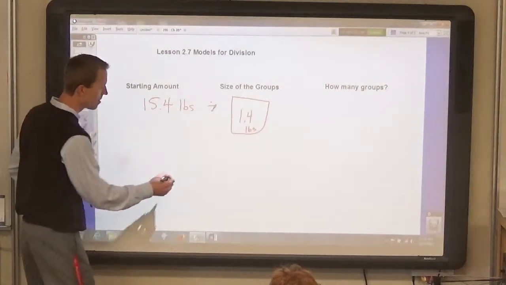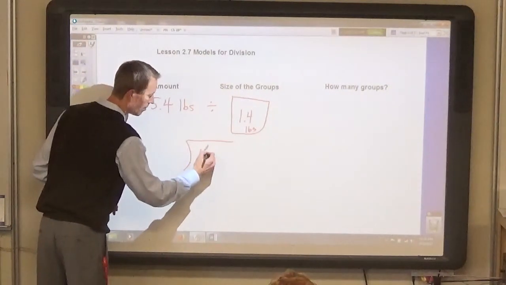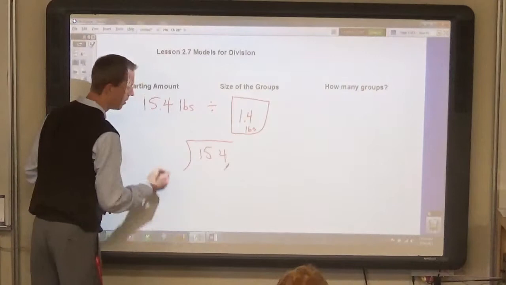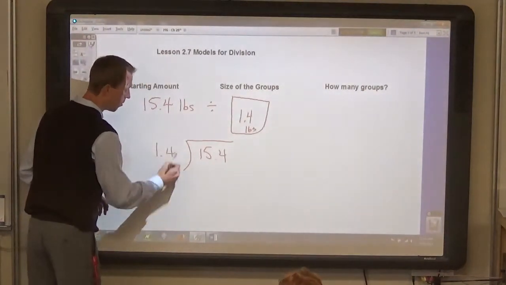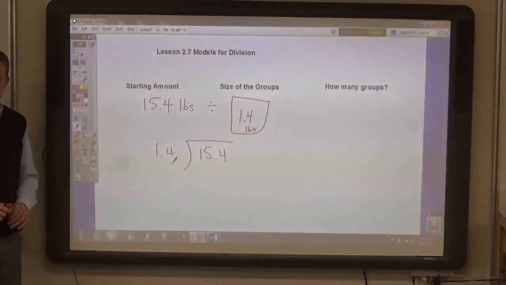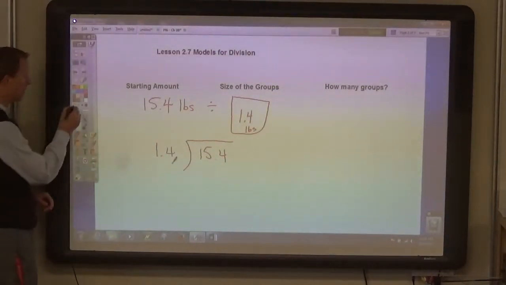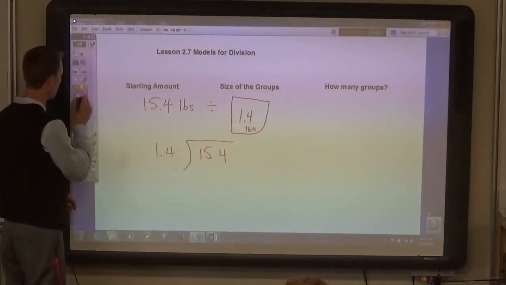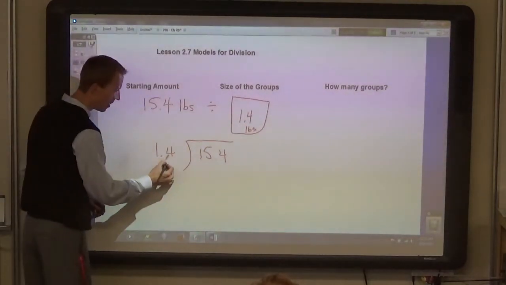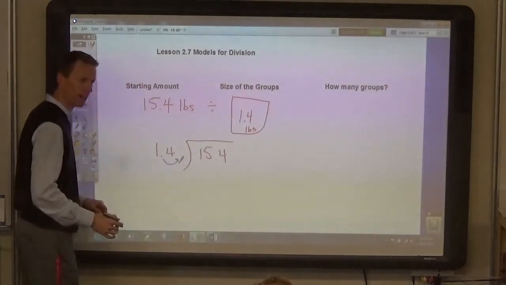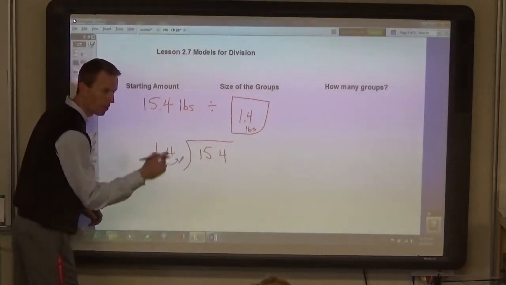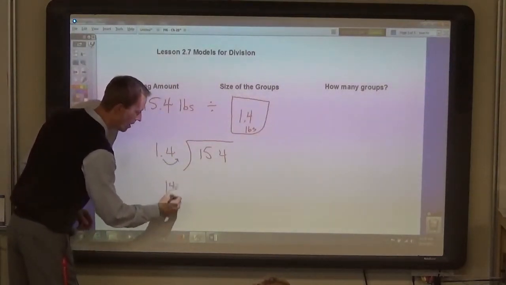So, let's divide this out. 15.4 divided by 1.4. Can we do that? No. What do we have to do? Make it like a whole number. Good. We have to move the decimal point over and make it what number? 14.